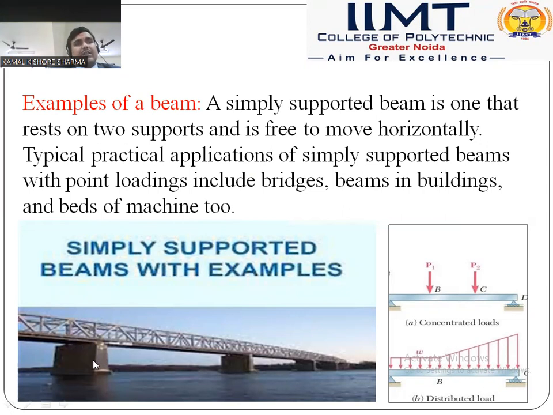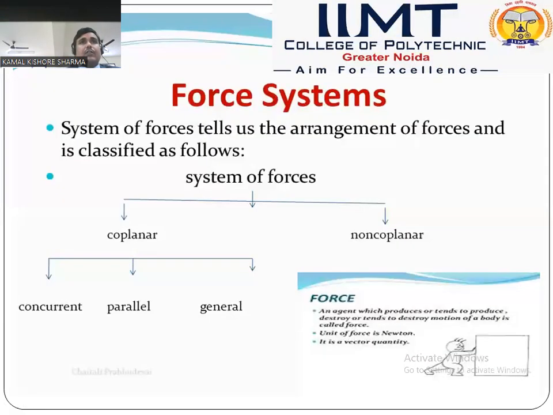So here the simply supported beam is supported like a bridge, and we have concentrated load and uniformly distributed load, UDL. An example of a beam is a railway bridge on a river.